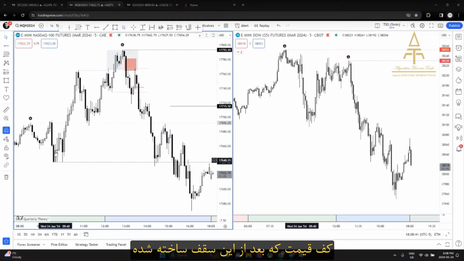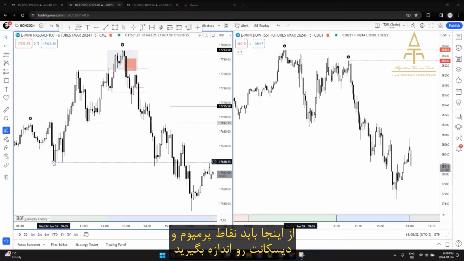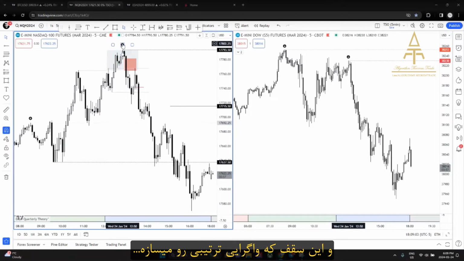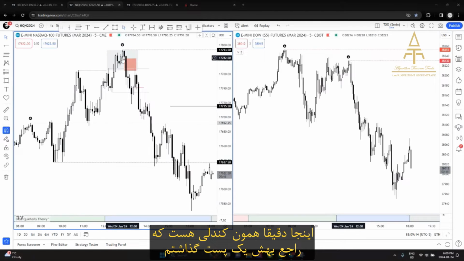The low that formed after this high, right here, this would be where you would begin to measure your premium and discount. So this would become discount. And the high which forms right here, and actually makes the sequential SMT, is where today I made a post on this exact candle, 1250.